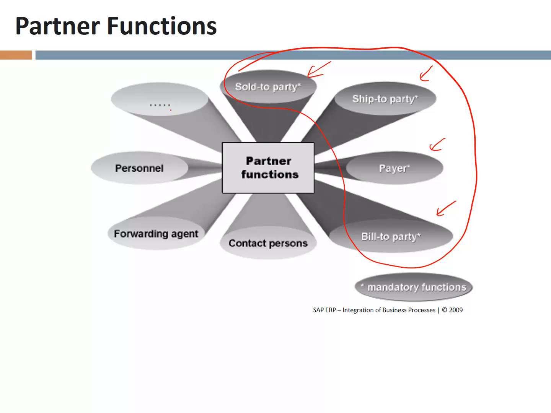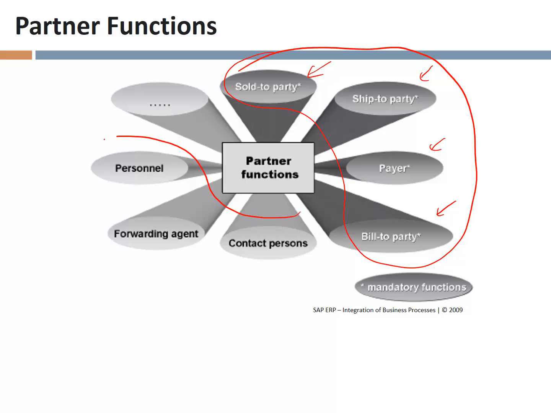So we can do that. We could specify just one of these, and if nothing else is specified, it's assumed to be the same for all. But this does give us the ability to differentiate this. And notice even we can differentiate who we send the bill to from who actually pays us. And so we have those four partner functions that have to be specified in terms of every sales order.